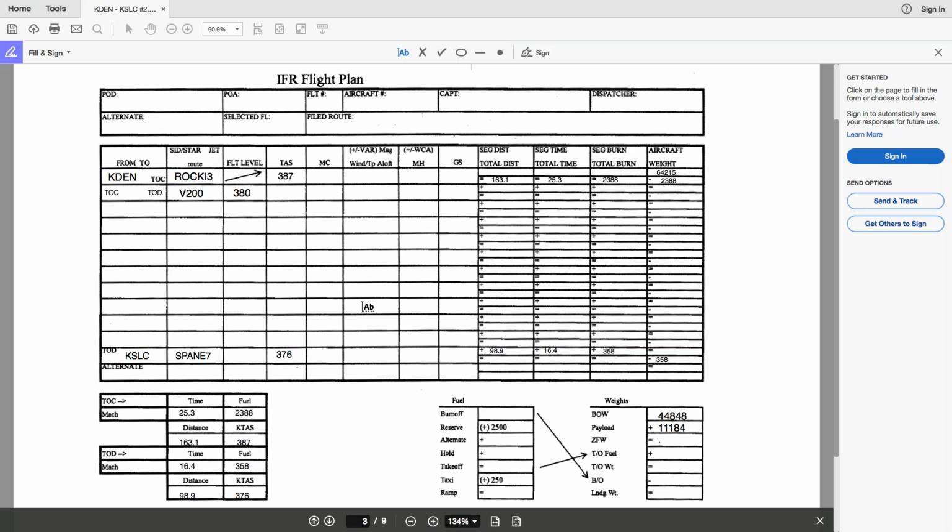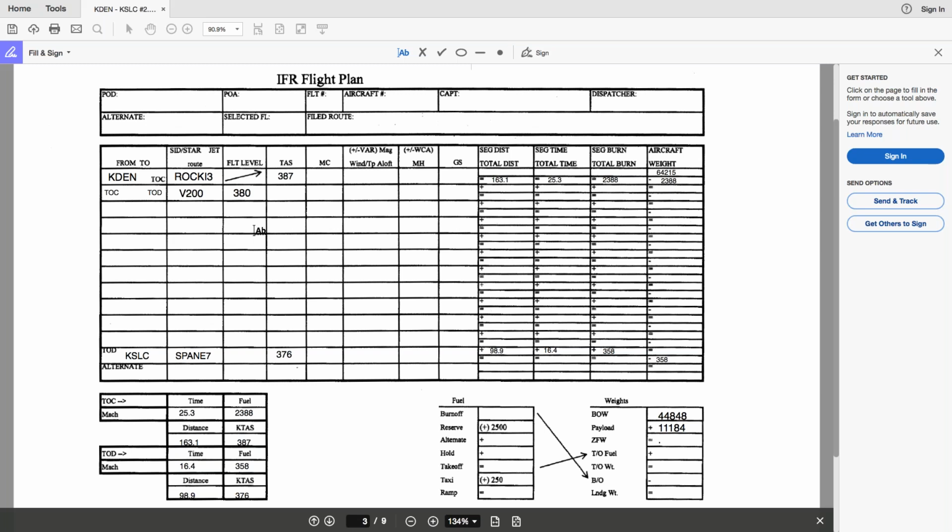We've got our fuel, our top of climb, top of descent. We've populated it with our top of climb and our top of descent. For KDEN, we just transferred over all the information that we wrote down when we did our top of climb. And then we wrote down on the bottom here all the information for our descent. This would be our next step, right? So our next step is the IFR flight plan.